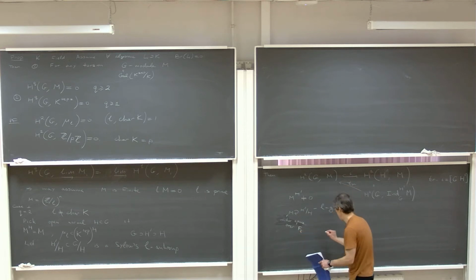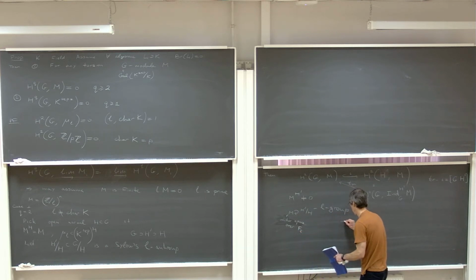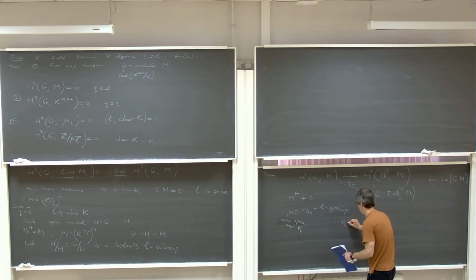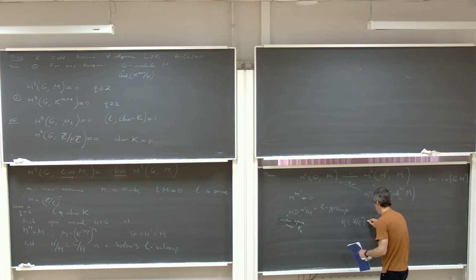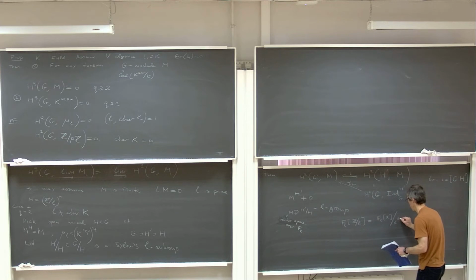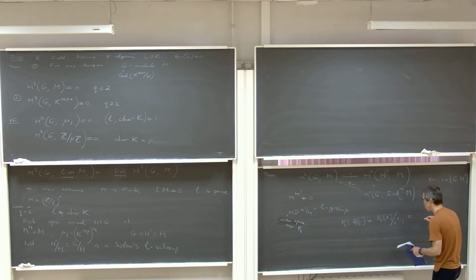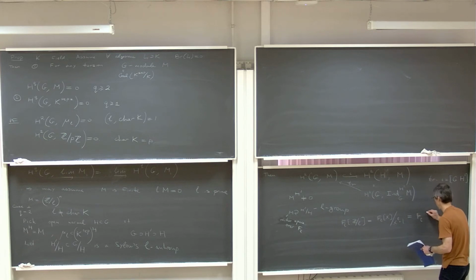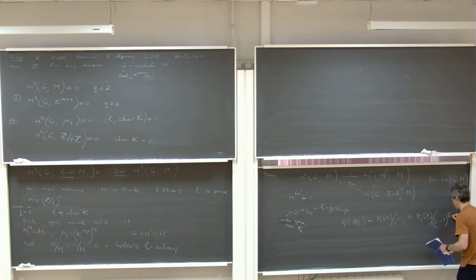So what is the group algebra F_L of Z mod LZ? By definition, this is polynomials in x modulo the relation x to the L power minus 1, but I can also write it as F_L[x] modulo (x minus 1) to the Lth power.